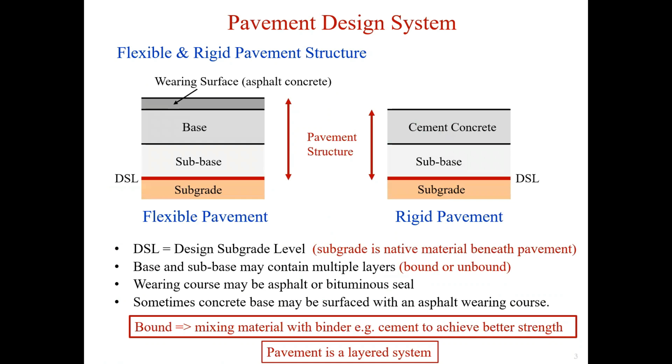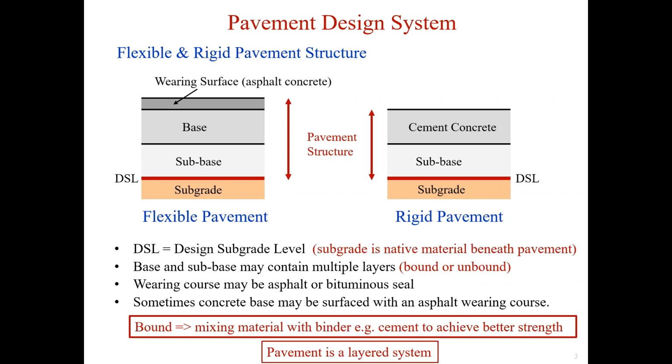In the previous lecture, we learned the structure of flexible and rigid pavement. Flexible pavement is composed of bearing surface, the base, subbase, and subgrade. Rigid pavement is composed of cement concrete, subbase, and subgrade. The interface between the subbase and subgrade is the design subgrade level, the DSL.